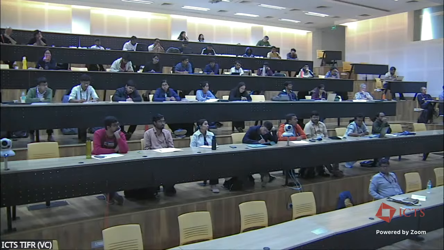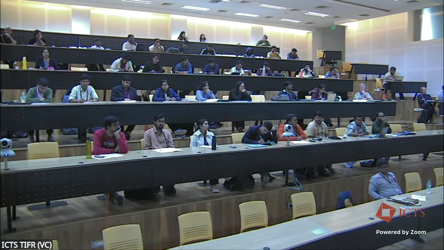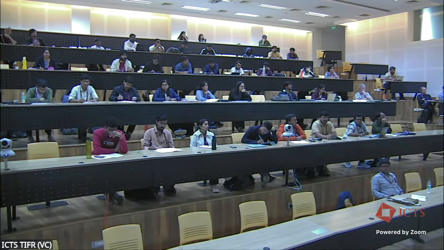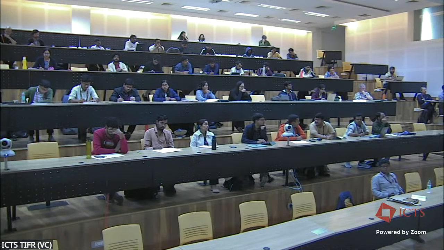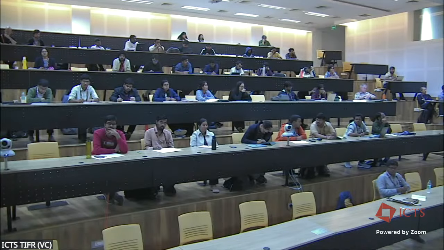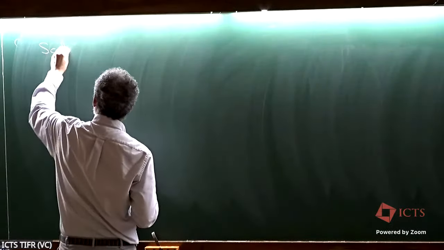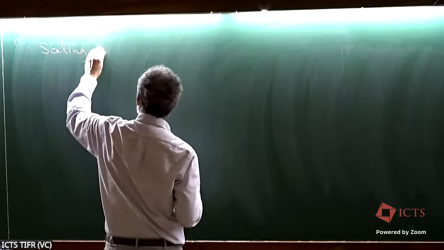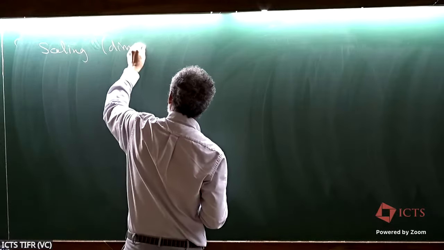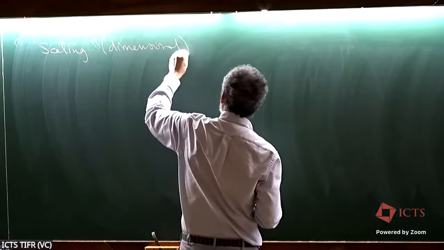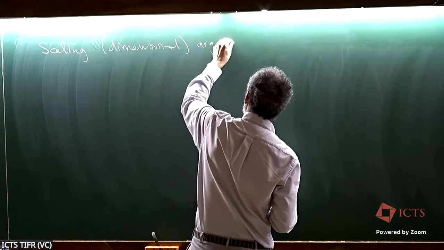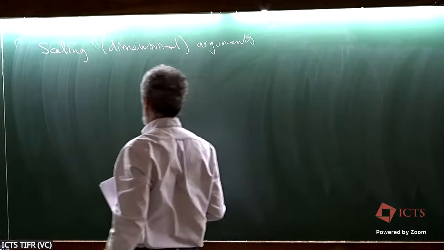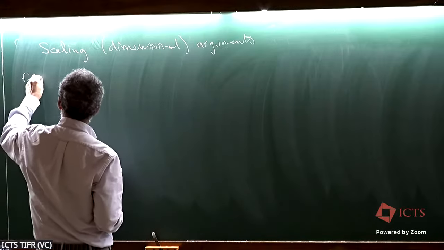So at this point, it's useful to do some dimensional scaling arguments to summarize some of the things we've observed in the 1 and 3-dimensional case. You're used to relativistic scaling, probably, if you've taken quantum field theory.